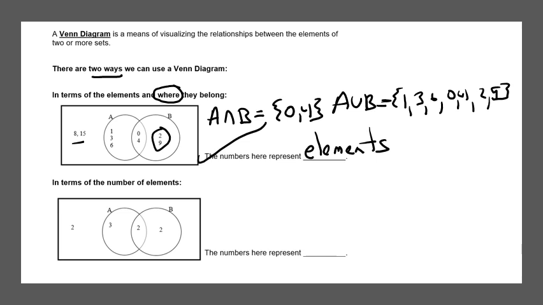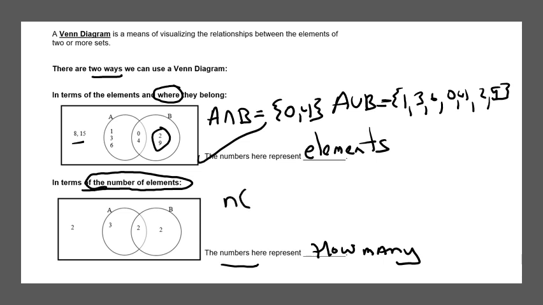But we're going to focus on the second method, where it is representing the number of elements and where they belong. As in this particular Venn diagram, where the numbers here represent how many. Just got to be aware of the context of the Venn diagram. So in this particular picture, we know that there are a total of 2, 5, 7, 9 elements in the universal set.